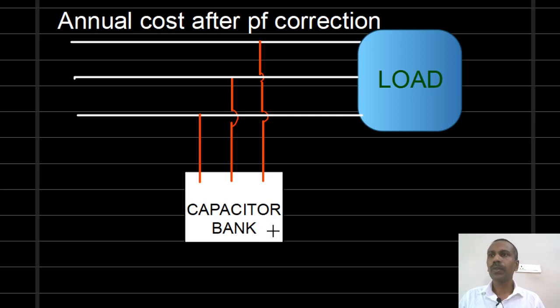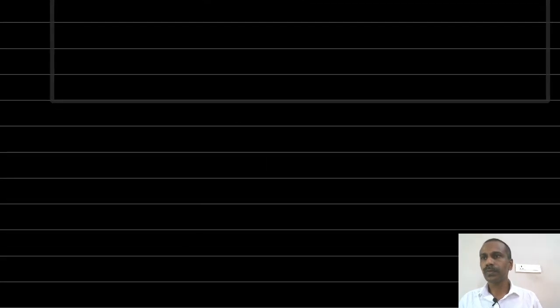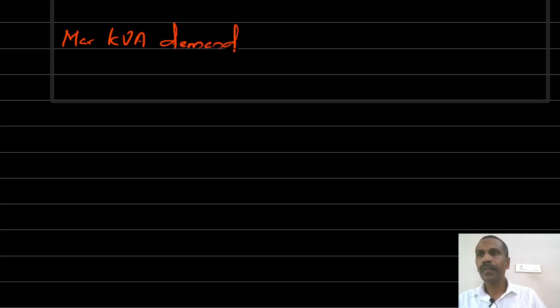Now we will find out what is the cost of his electricity bill after the power factor correction. So here we need to consider the cost of capacitor bank also. What is his kVA demand now? Maximum kVA demand is equal to kW divided by cos phi.